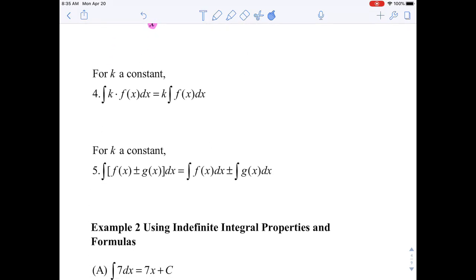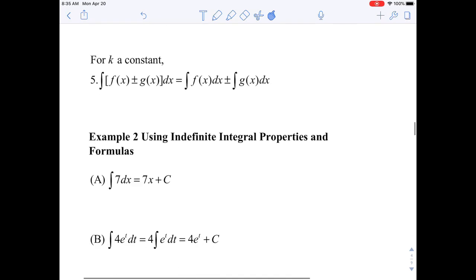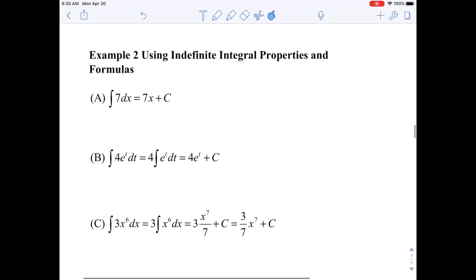When we have a constant, you can bring it out in front, just like we did with derivatives. And if you're taking the integral of a sum or difference, it's the integral of the first term plus or minus the integral of the second term. So fairly simple. Here's some examples already done for you. Integral of 7 dx is 7x plus c.